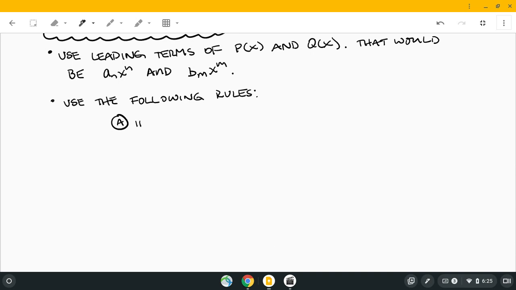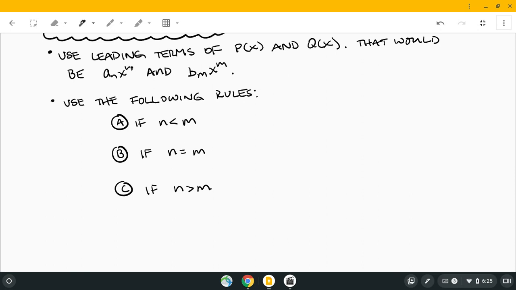So if n is less than m, we have a certain situation. If n equals m, we have another situation. And if n is greater than m, then we have a third situation. Let's take a look at this first case. n is the degree.